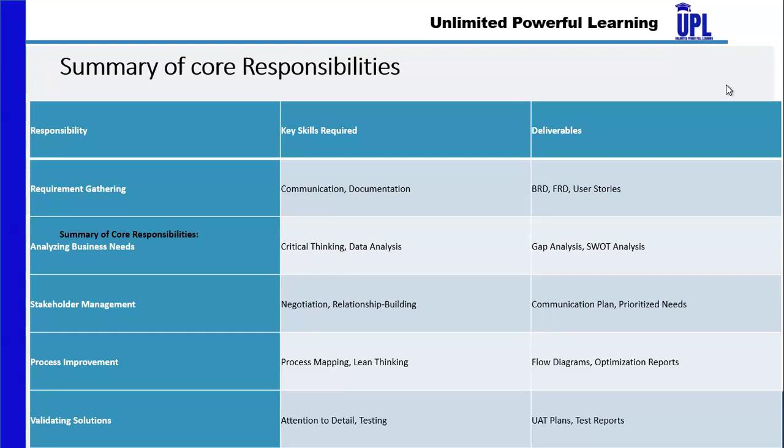You need to check the strengths. The business analyst needs to check the strengths, the weaknesses, and the SWOT, right? Strengths, weaknesses, opportunities, and threats. It is not only for critical thinking and data analysis; even for requirement gathering, this SWOT analysis is a must.